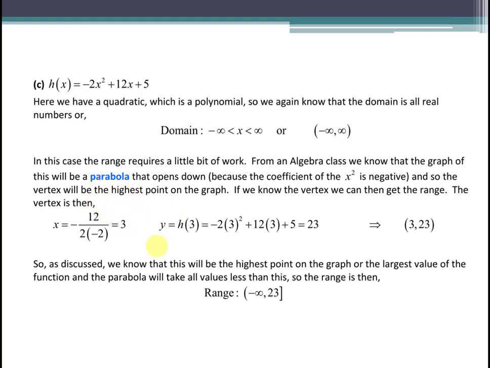Y is equal to h of 3. Instead of x, we put 3, and the answer is 23. So the coordinates of our vertex are 3 and 23. It means the vertex is the highest point on the graph, so y takes the values from minus infinity till 23. This is the range of our function.